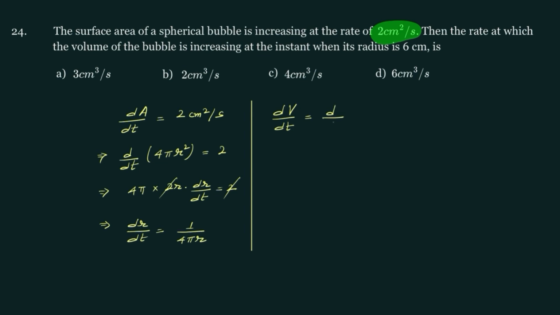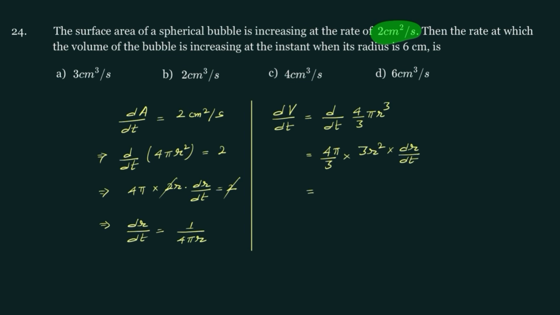So this can be written as d/dt of V. Now we know the formula for the volume of the sphere is 4 by 3 pi r cube. 4 by 3 pi is constant, so 4 by 3 pi into d/dt of r cube is 3r square into dr by dt.